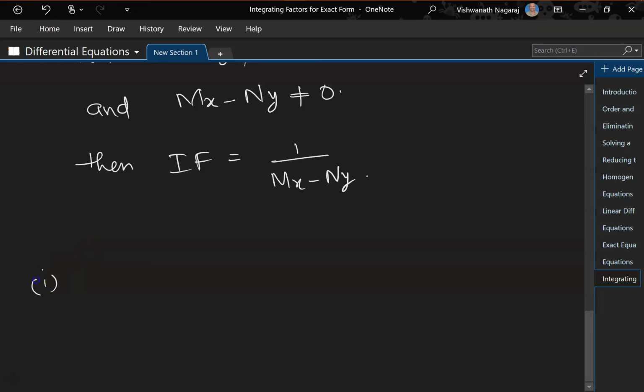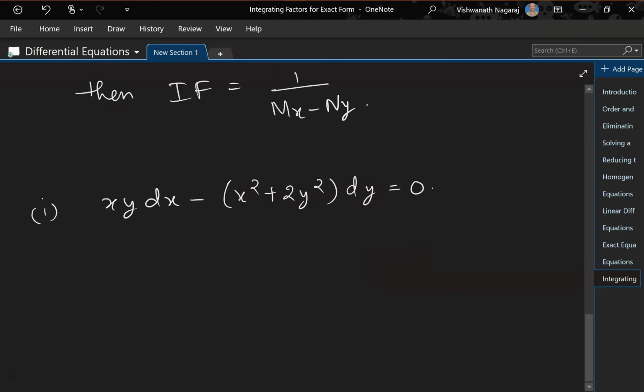So let's look at xy dx minus (x square plus 2y square) dy equal to 0. Now here M would be equal to xy, N would be equal to minus (x square plus 2y square).